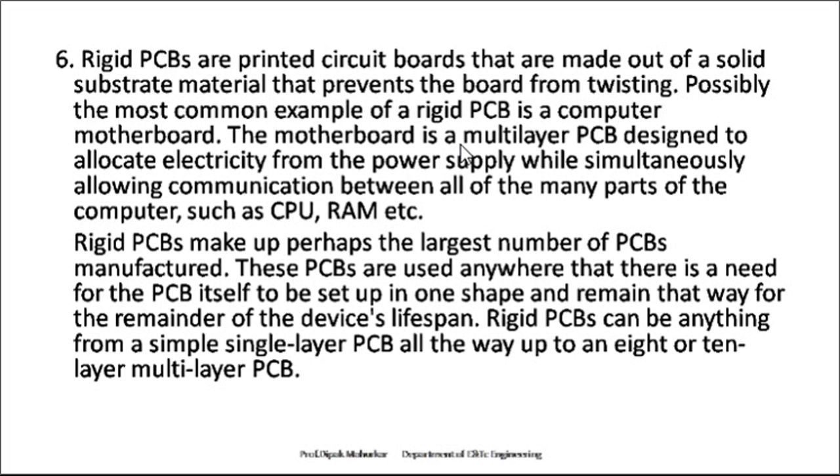The motherboard is a multi-layer PCB designed to allocate electricity from the power supply while simultaneously allowing communication between all of the many parts of the computer such as CPU, RAM and so on.